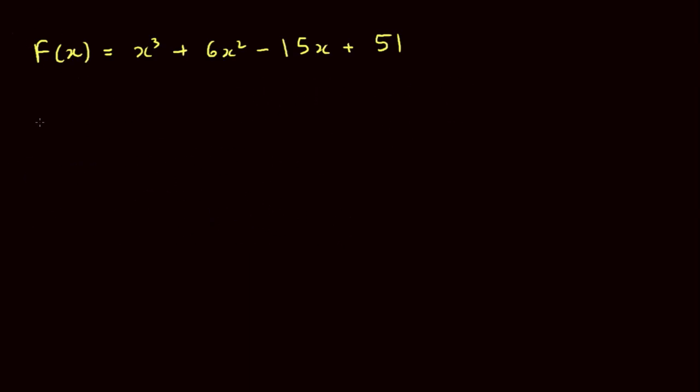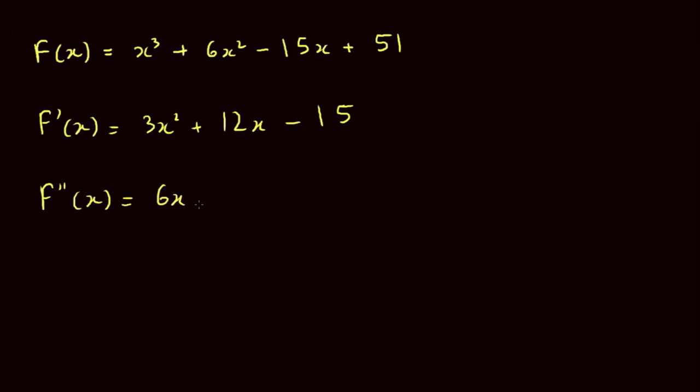The first thing to do is find the first order derivative of this function. It's just simply 3x squared plus 12x minus 15, and the second derivative, which is just 6x plus 12.